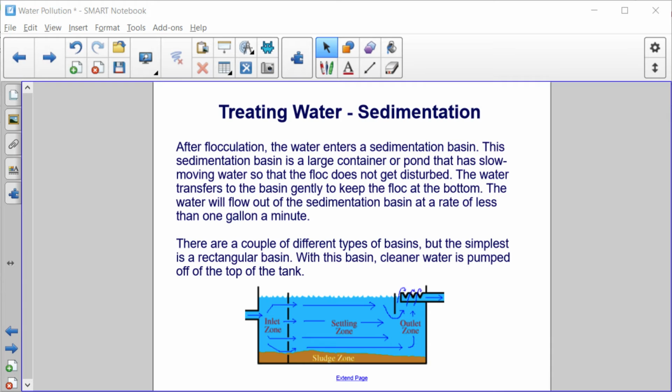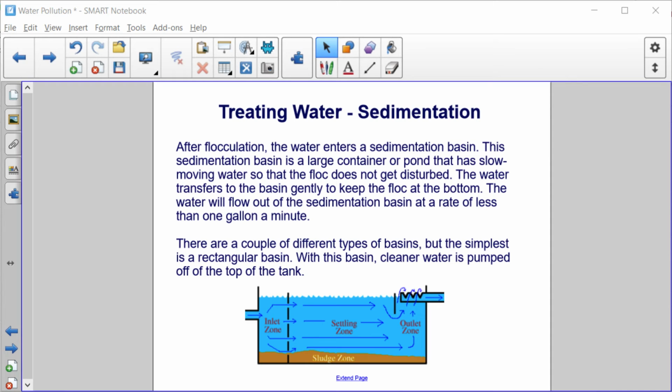Treating water: sedimentation. After flocculation, the water enters a sedimentation basin. This sedimentation basin is a large container or pond that has slow-moving water so that the floc does not get disturbed. The water transfers to the basin gently to keep the floc at the bottom. The water will flow out of the sedimentation basin at a rate of less than 1 gallon a minute.